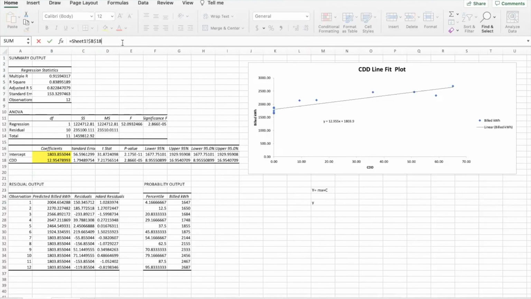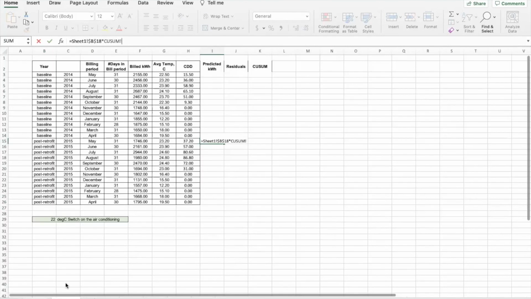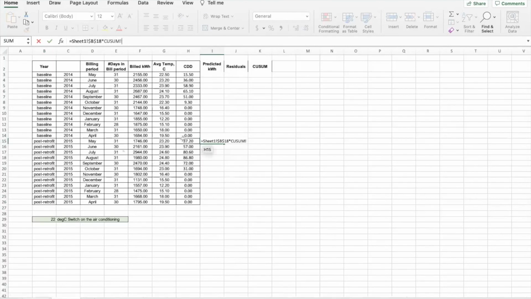Times x, where x is the HDD. HDD is here, but it needs to move. It is changeable, so I don't put the dollar sign over there. And plus the y-intercept.